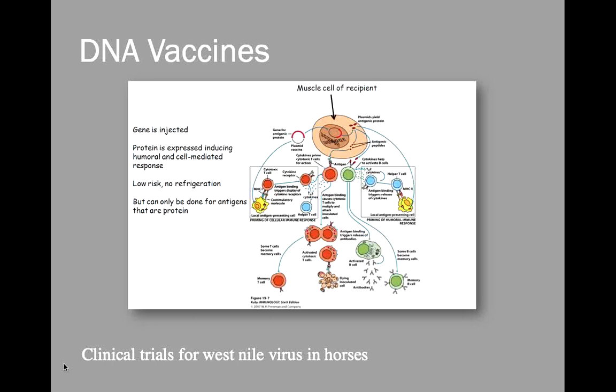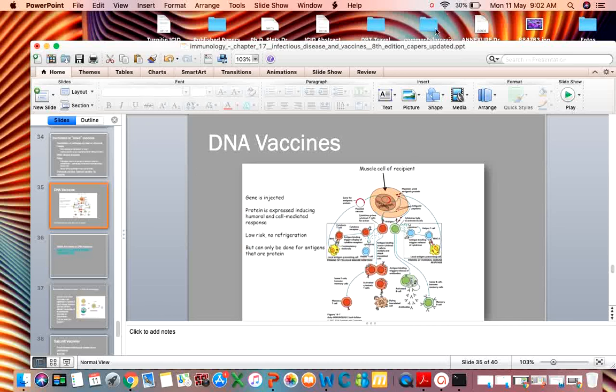Nowadays it's not purified from the virus itself. We have cloned the gene into yeast like Saccharomyces and Pichia, and these organisms are used for heterologous expression. The protein is purified and used as a vaccine. So there is no need for culturing or handling the organism; we can directly use the subunit of the organism, in this case the protein that can provide immunity against the virus. I'll talk about DNA vaccines in subsequent lectures.